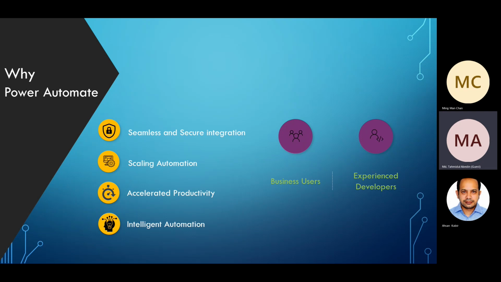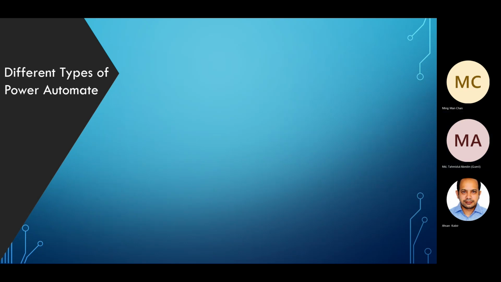Here you don't need lots of development knowledge to build a simple application, and a domain user can do that. That's a plus. And for a vast application where lots of complexity is there, an experienced developer can do that with Power Automate.